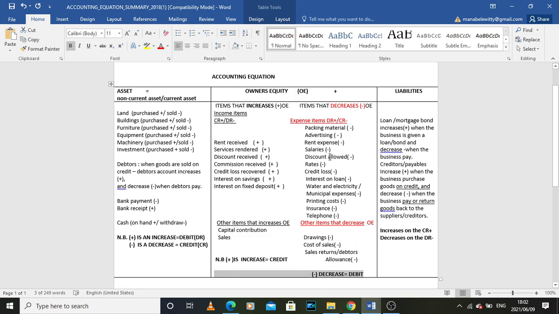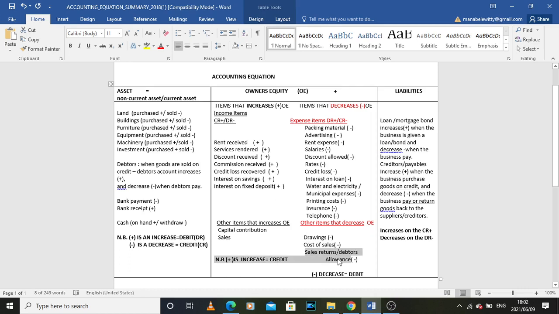So all expenses decrease owner's equity. These are expenses: packing material, advertisement, rent expense, salaries, discount allowed, rates, credit losses, interest on loan, water and electricity, municipal expenses, all those things. Other items that decrease owner's equity are your drawings, your cost of sales, your sales returns.